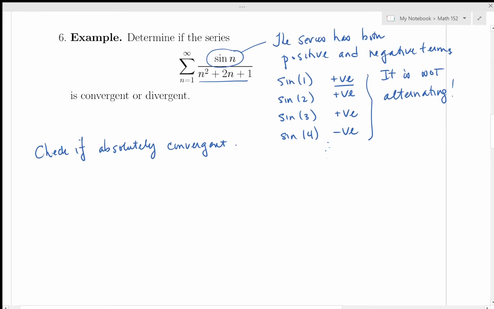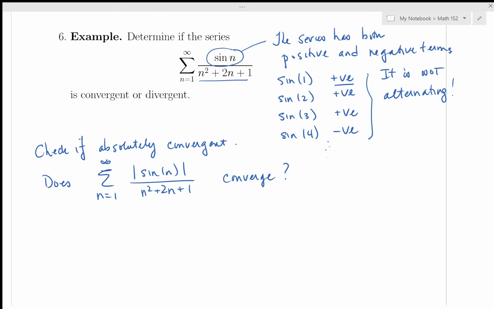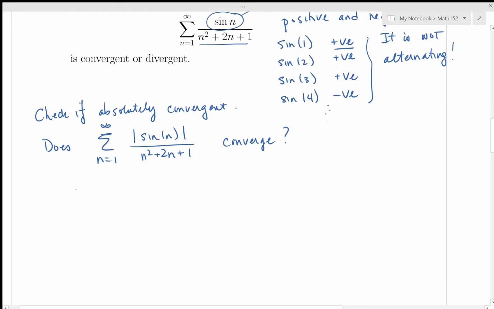Basically I'm asking, when I take the absolute value, does this thing converge? How am I going to deal with that? Well, I'm going to observe that the absolute value of sine n is always less than or equal to 1 for all n.